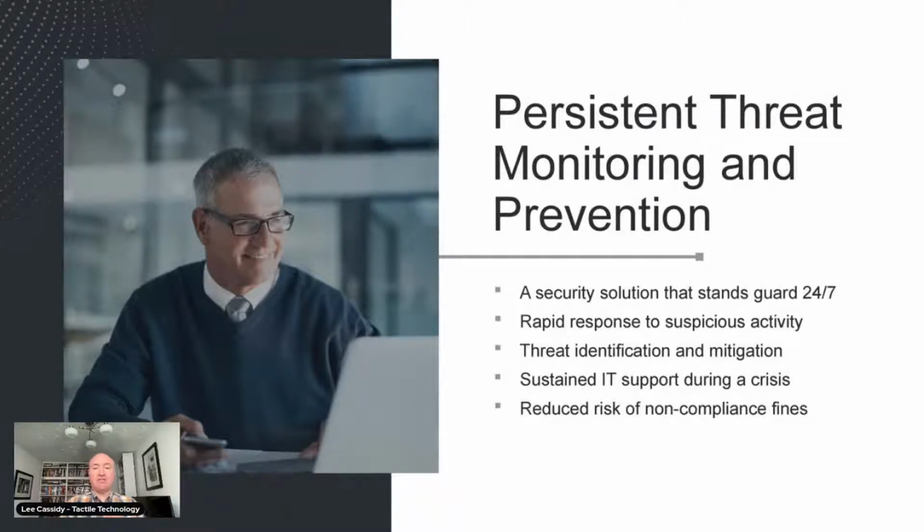So first of all, let's talk about what the difference is between EPP and EDR. EPP stands for endpoint protection. EDR stands for endpoint detect and response. So first of all, endpoint protection is a barrier.